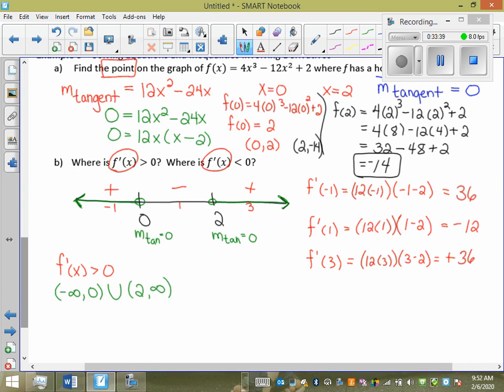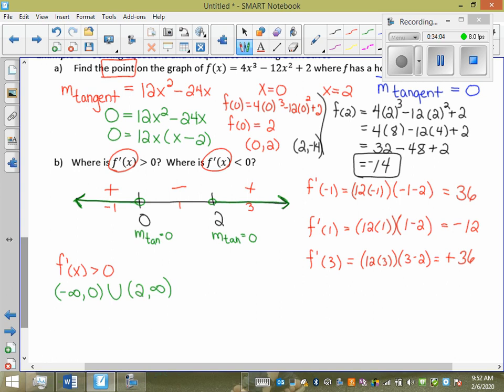It's an open dot because if it was a closed dot, these are zeros. These aren't positive nor negative. They're slopes of 0. Yeah, but the slope isn't positive at 0. The slope is 0 at 0. No, it can't equal these ever.